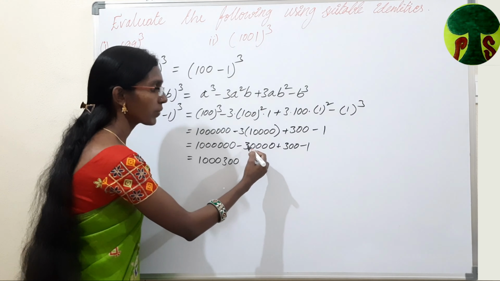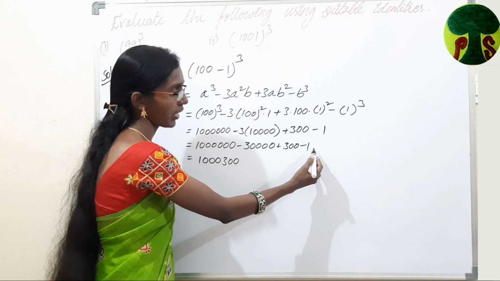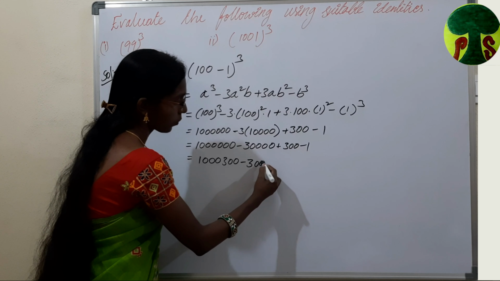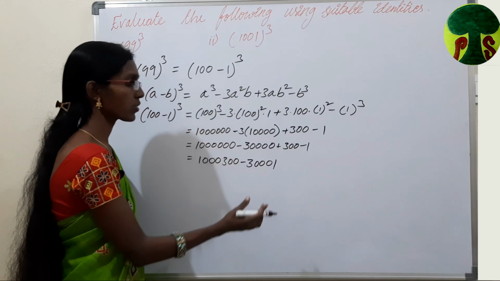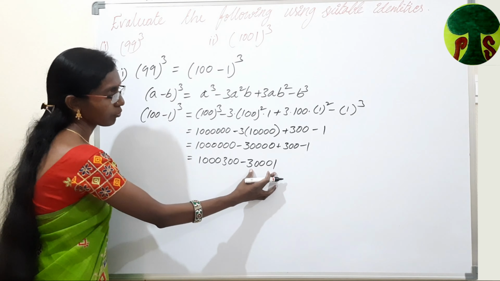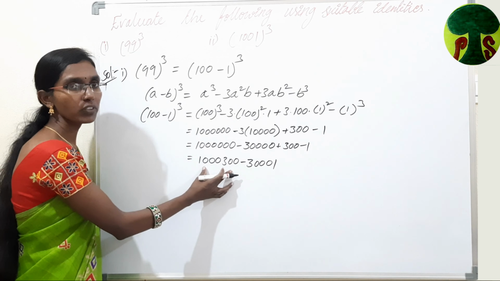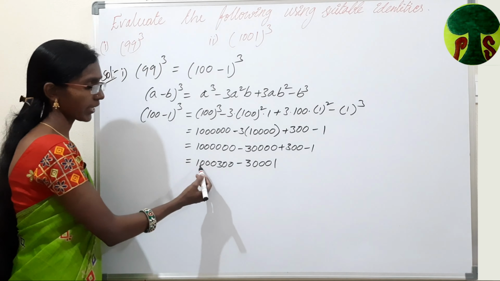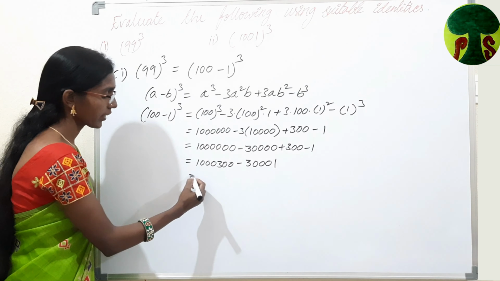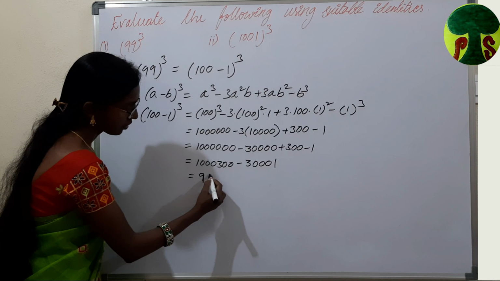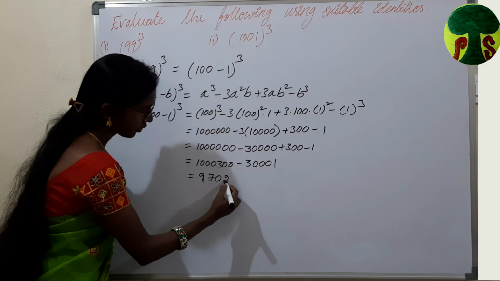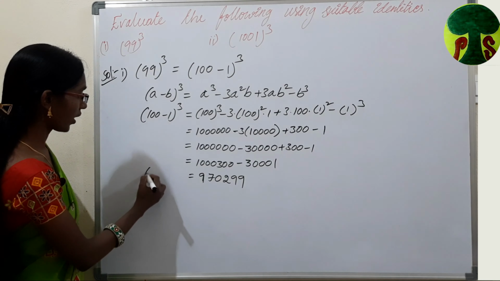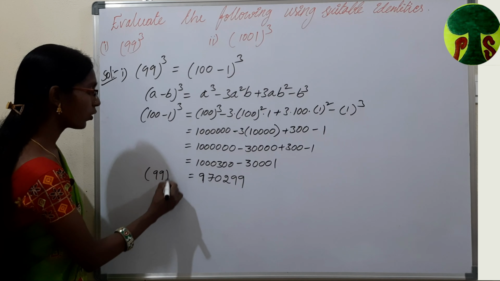And here 30,000 has a minus symbol, and 1 has a minus symbol, so we have to add those too. So 30,001. Now we have to subtract 30,001 from 10 lakh 300. We will get 9 lakh 70,299. What is this? This is the value of 99 whole cube.